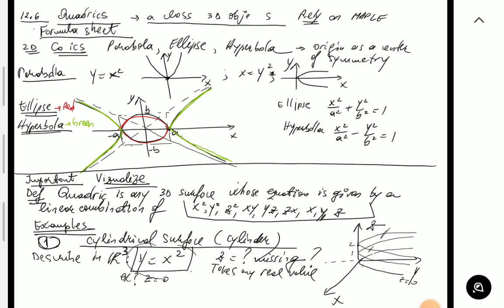So as z goes to all the possible real values, you hopefully see that you obtain what we call a cylindrical surface, in the sense that it's like a cylinder, but with a cross section, a horizontal section, given by a parabola.